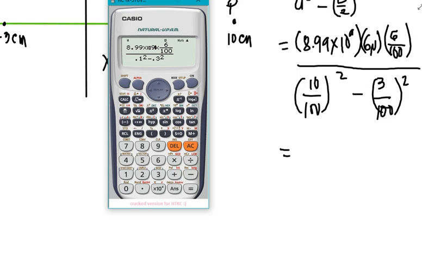So 8.99 times 10 raised to the power of 9, multiplied by 6 micro, 6 times 10 raised to the power of negative 6, times 6 all over 100, all over 10 over 100 squared minus 3 over 100 squared.